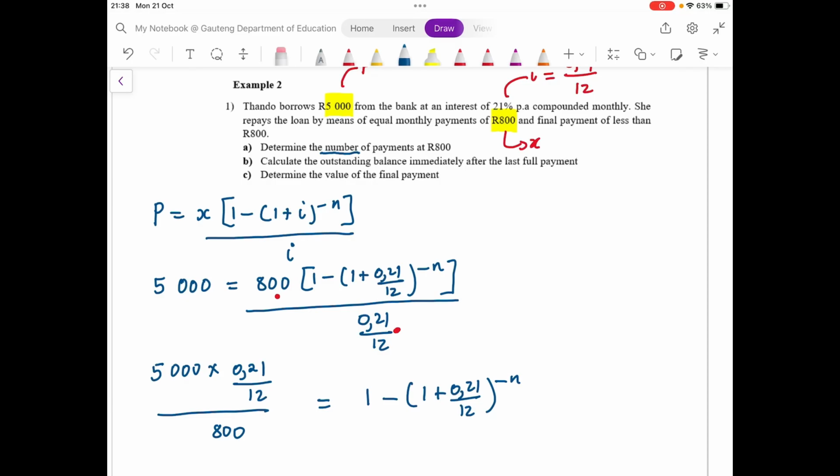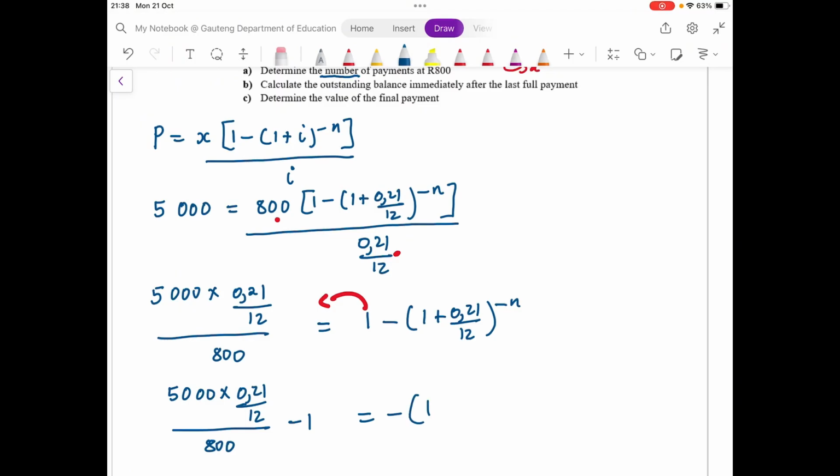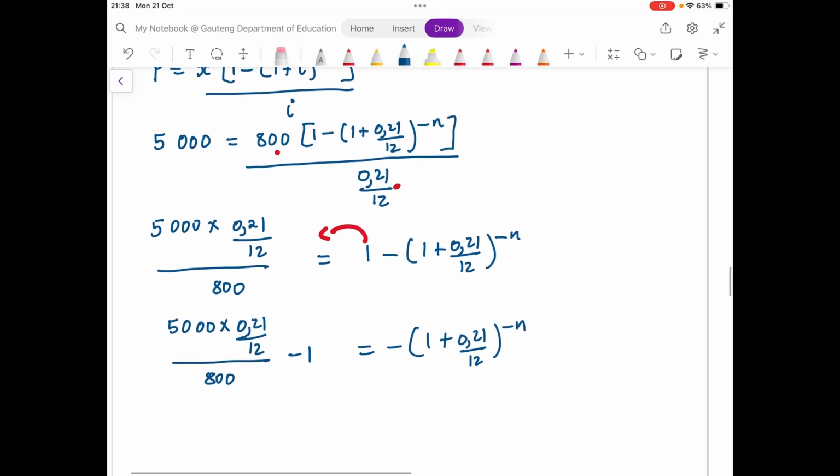Now I am going to transpose this 1. If I transpose 1, I am going to have 5,000 times 0.21 over 12 divided by 800 and then minus 1, which is equal to negative 1 plus 0.21 over 12 to the exponent negative n.